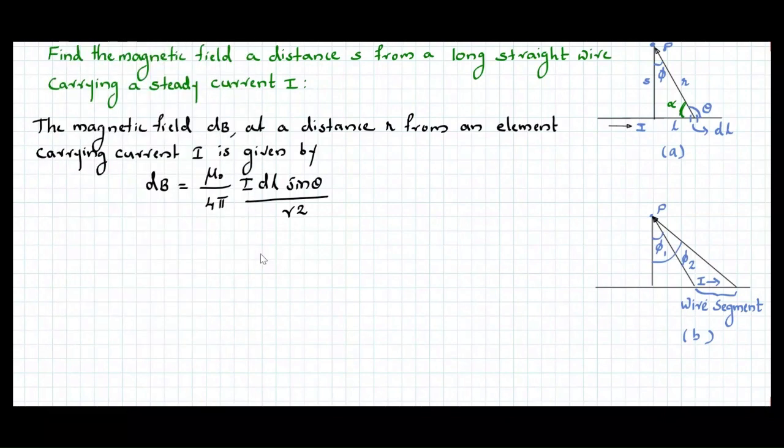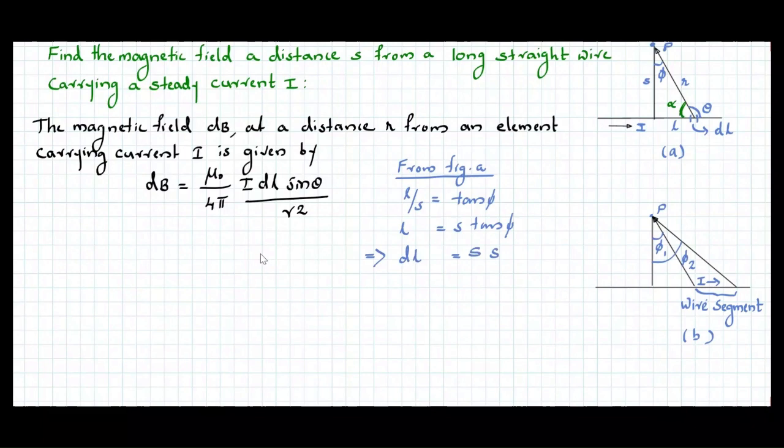Now consider the figure A. The distance between the element dl and the point P is given by r, and the current passing through the element is I. Now to solve this problem, we need to evaluate dl.